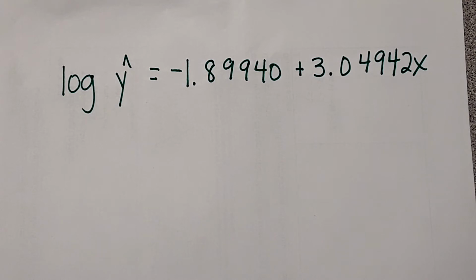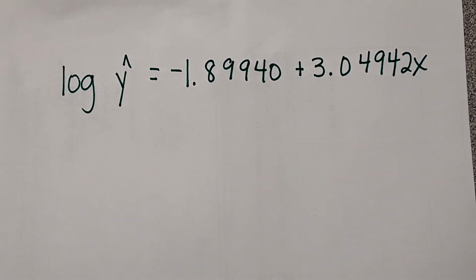It's still exponential because we only took the logs of one side. Okay, so is it increasing or decreasing? Increasing. It is increasing. How do we know it's increasing? Because we used the log. So ln is for a decreasing exponential model. Log is for an increasing model.